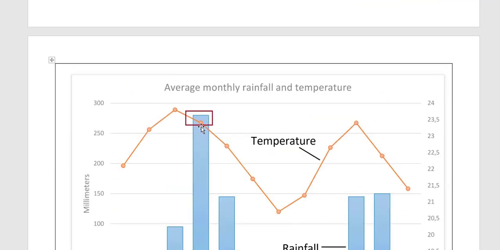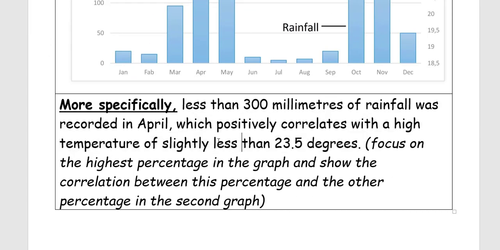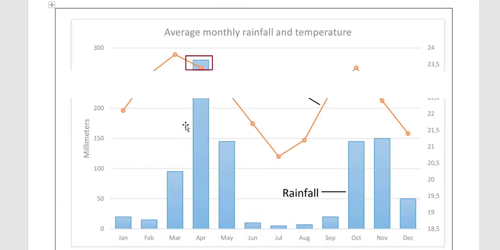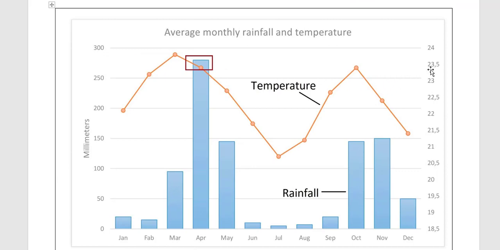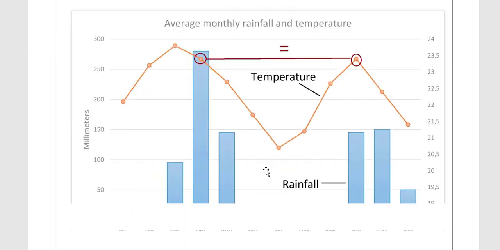So here we also need to focus on the temperature level here of slightly less than 23.5 degrees. And if you look at this carefully, here we have 23.5 and this is a little bit less than this. So show this connection. An expression positively correlates with basically means has a very close connection with. So our job is to focus on the highest percentage in the graph and show the correlation between this percentage and the other percentage in the second graph. Let's move on.